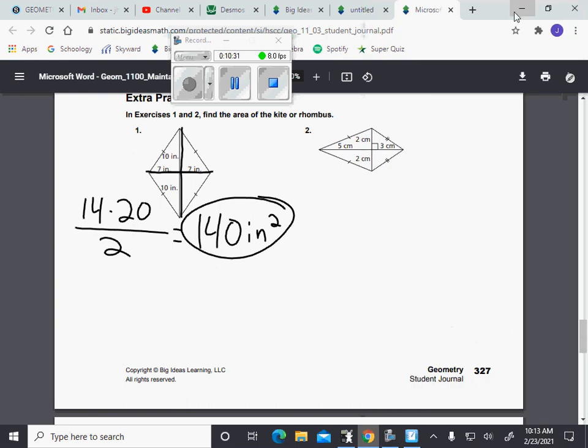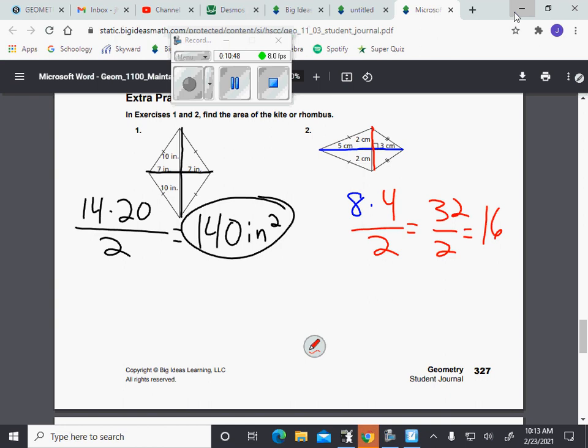Let's try it on this one. We have 5 and 3, which is 8, times our other diagonal, which is 2 and 2, which is 4. 8 times 4 is 32, divided by 2, which is equal to 16 centimeters squared.